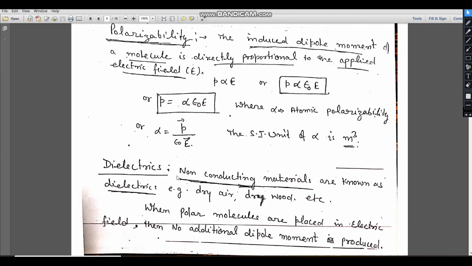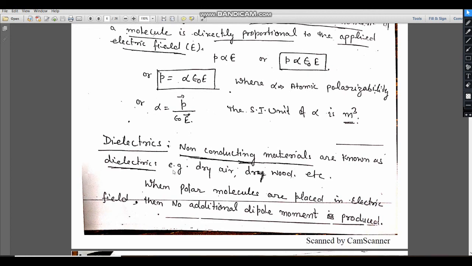Next, dielectrics. Dielectrics are also known as non-conducting materials. Actually, there is a contradiction: in some books dielectrics are insulating materials, and in some books dielectrics are semiconducting materials.